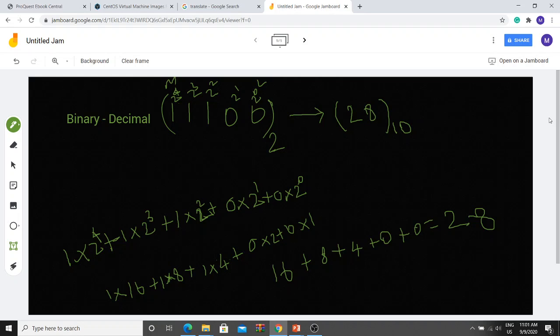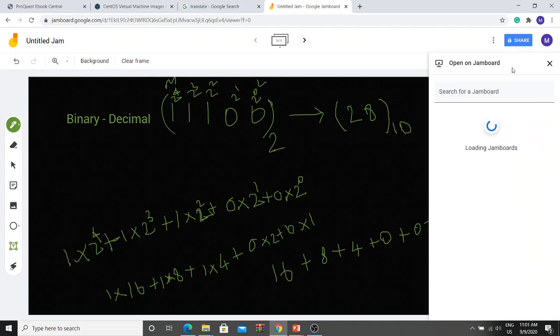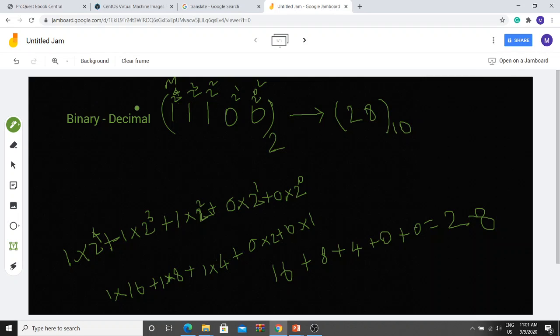The binary value of 11100 is 28 in decimal. Next we are going to convert decimal to binary.